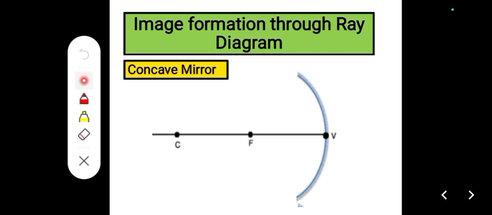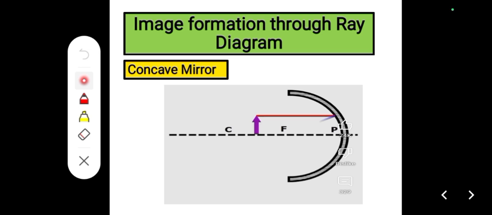Okay, let's continue. This time we put an object in front of a concave mirror, so it is expected that an image will be formed from it. So how is an image formed through ray diagram? First we notice that there is an incoming ray of light that hits the mirror.